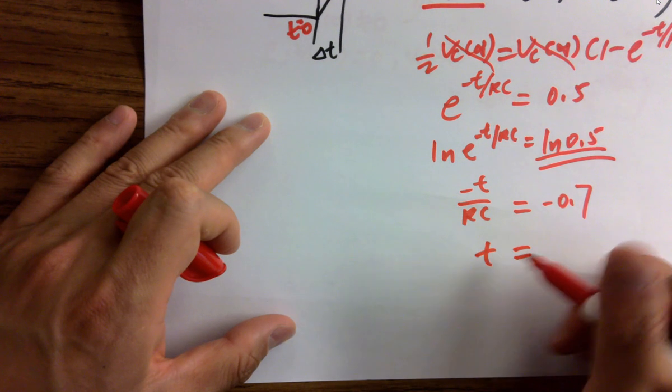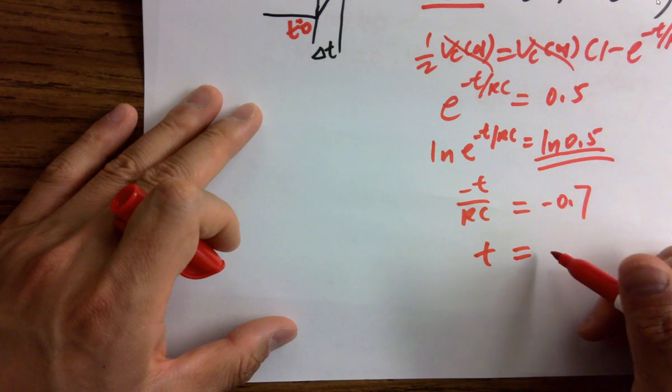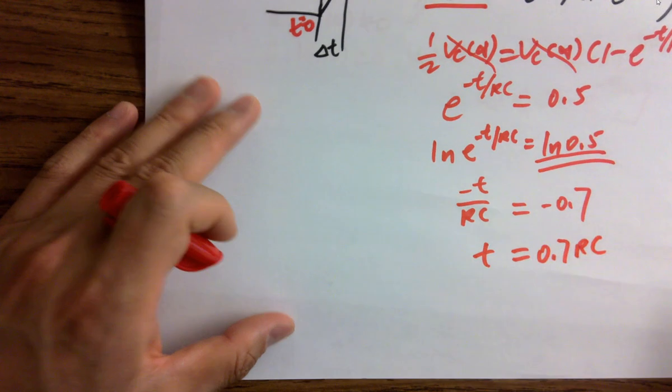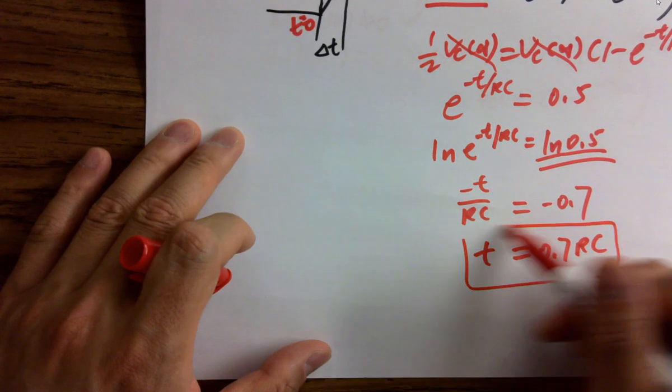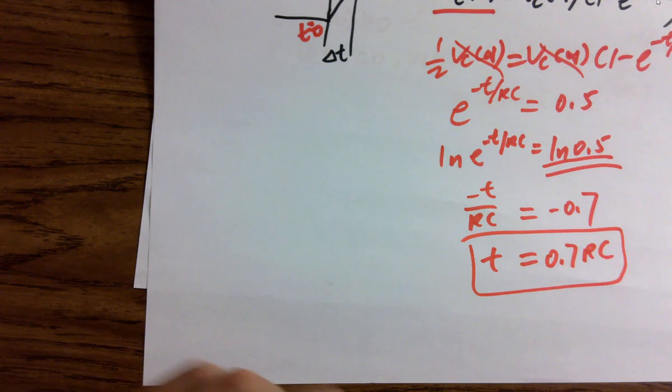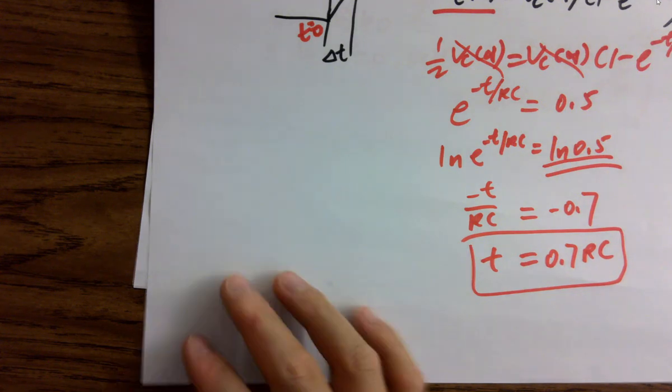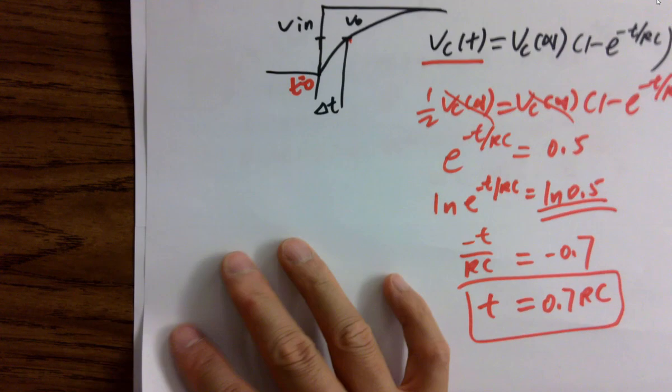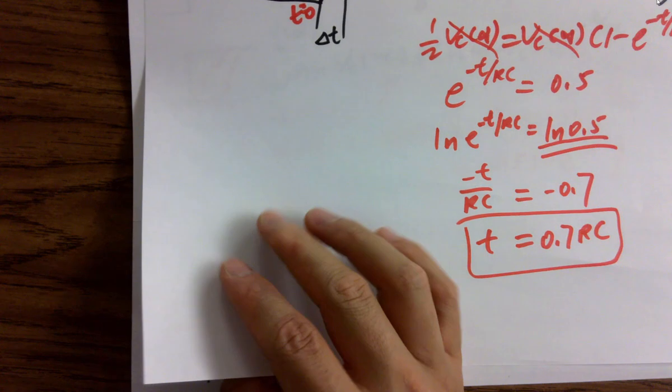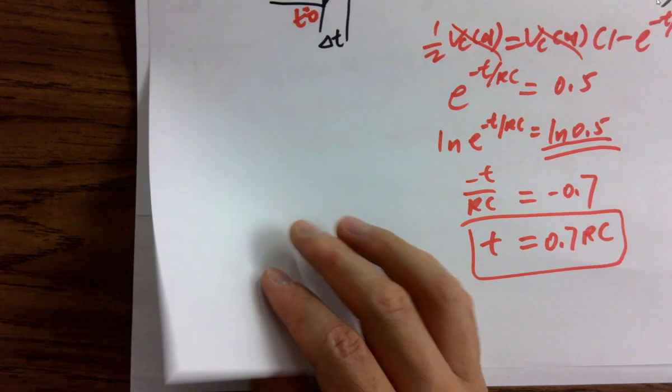So t or delta t equals what? Okay, so it's a constant. I'm going to quiz you on this a lot this semester. You have to know this. It could be on the interview. So the time delay of the RC circuit is 0.7 RC. Everyone should know that.